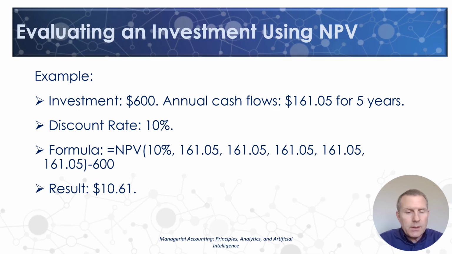So we'll enter a formula into Excel using the net present value function. We'll enter the interest rate, the stream of cash flows, and we will then subtract our investment to figure out what the net present value, the difference between the present value and the investment, is after 5 years.